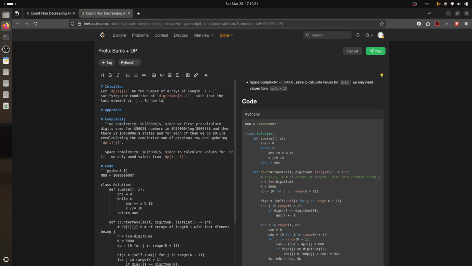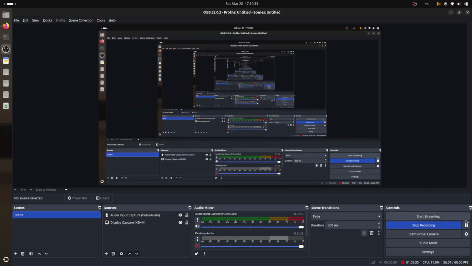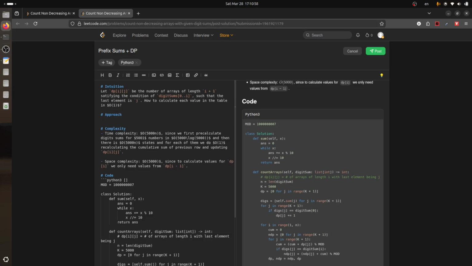How to calculate each value in the table in O(1)? Approach.